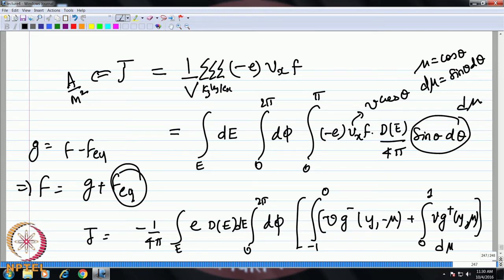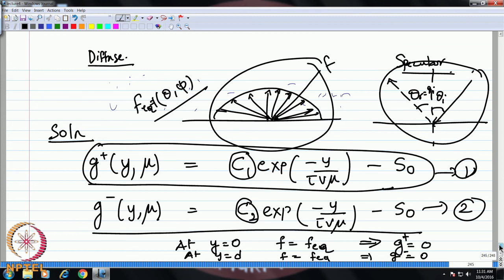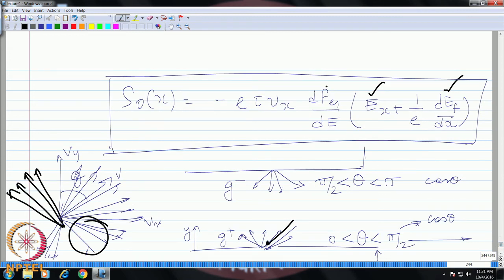So, now you can substitute for the solution for G plus and G minus. Okay. So, if you do that, I will only give you, and also for S naught, S naught we can substitute from here, right.